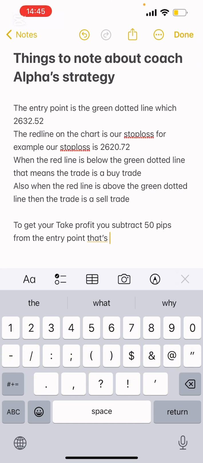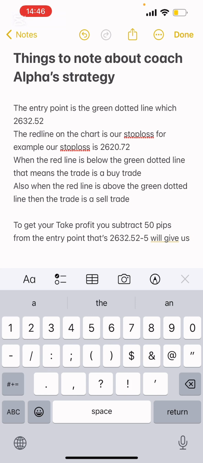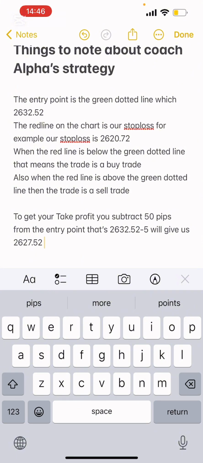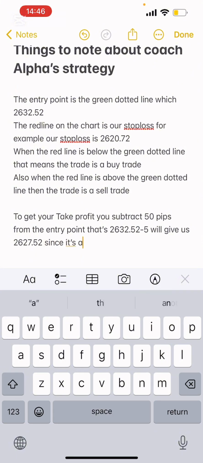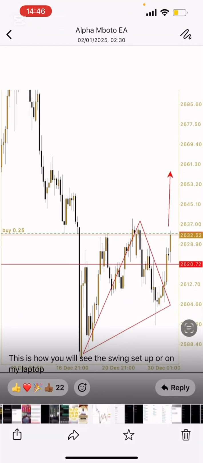That is 2632.52 minus 5, which will give us 2627.52, right? Since it's a gold trade, take note, this is only applicable to gold, right?